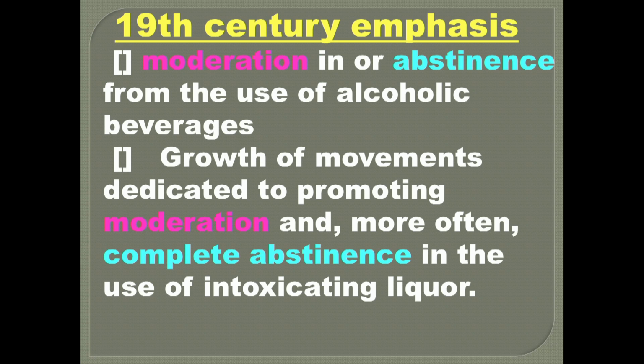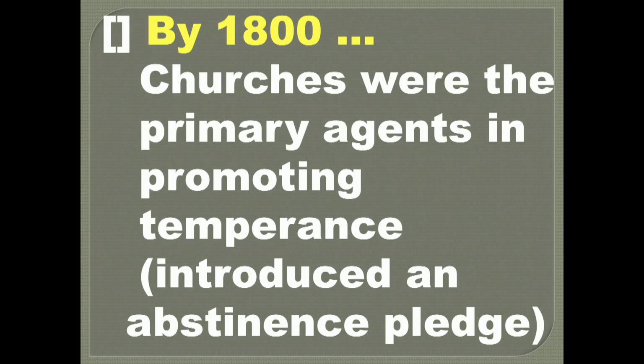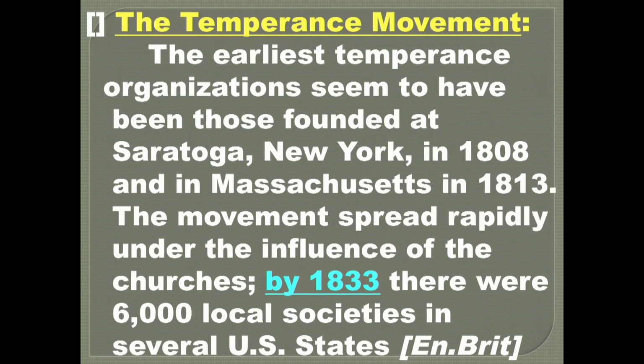And this is where the limitations were. In the 18th century, there were just the churches that were promoting temperance. So it was predominantly the churches that promoted temperance in this time.